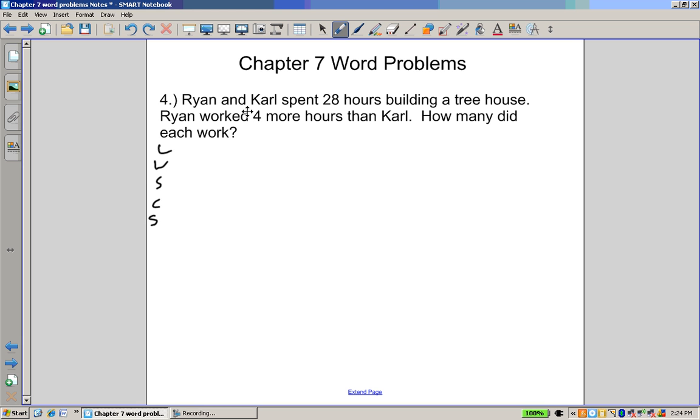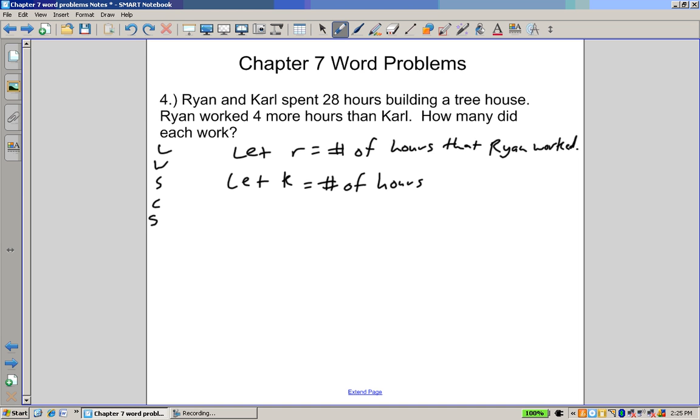So what we're going to do here is go through and say let. They're asking how many did each work, as in hours. So let R equal the number of hours that Ryan worked. Let K equal the number of hours that Carl worked.